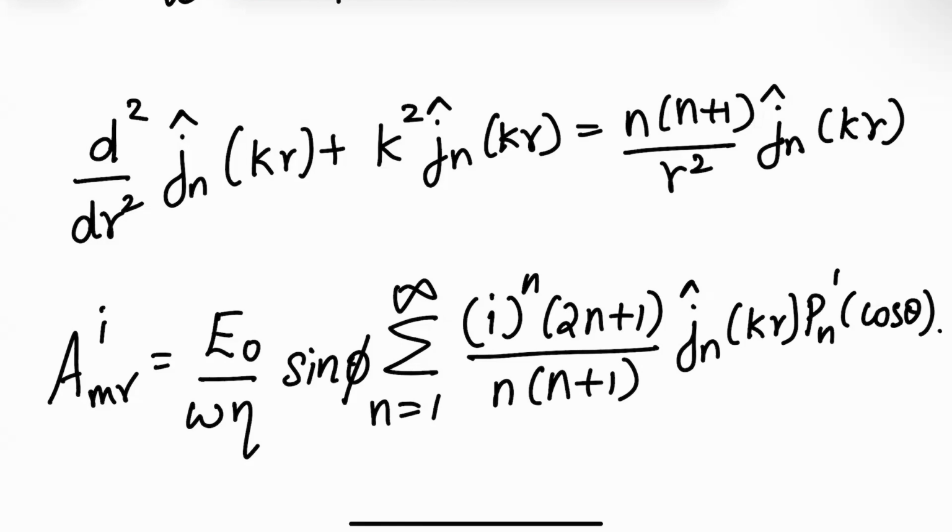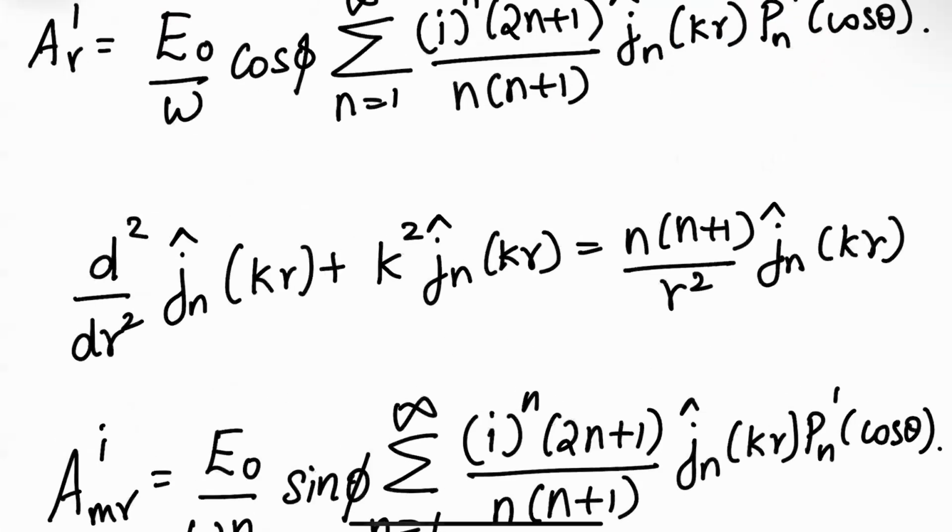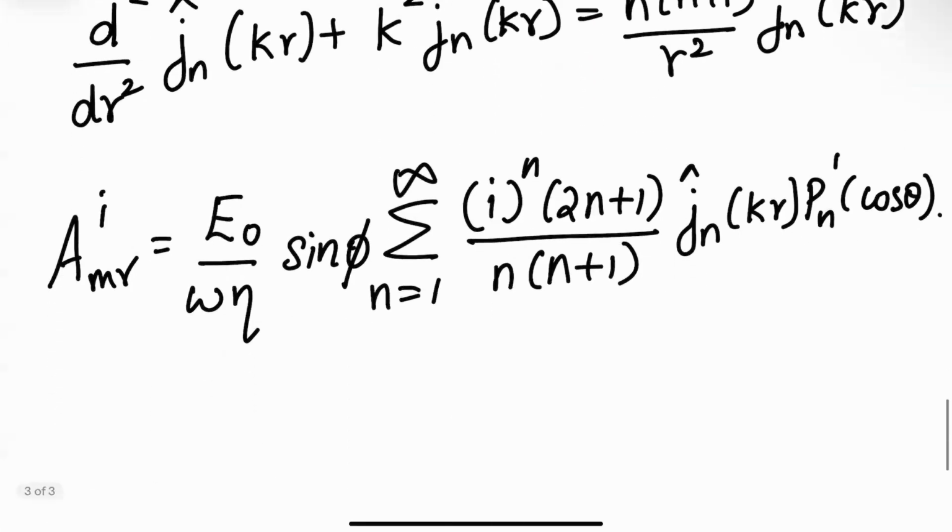Okay, so now we essentially have the incident magnetic vector potential in terms of our spherical wave functions. And we want to find the scattered potential because we want the scattered field eventually.